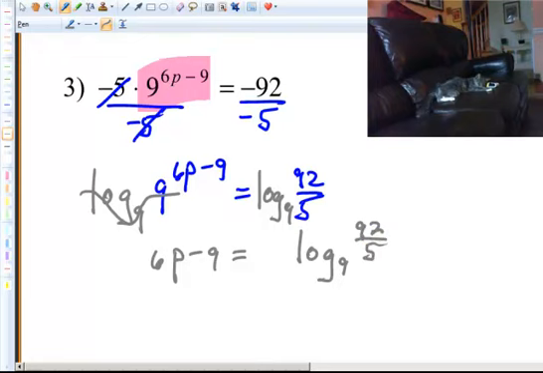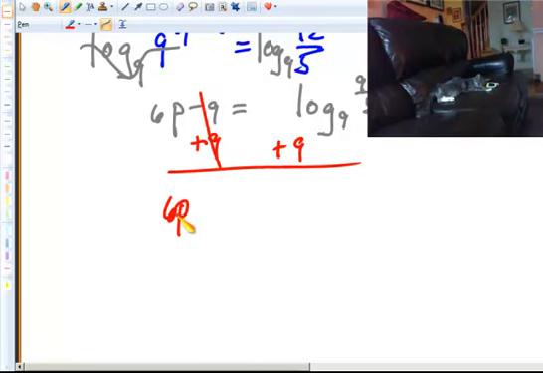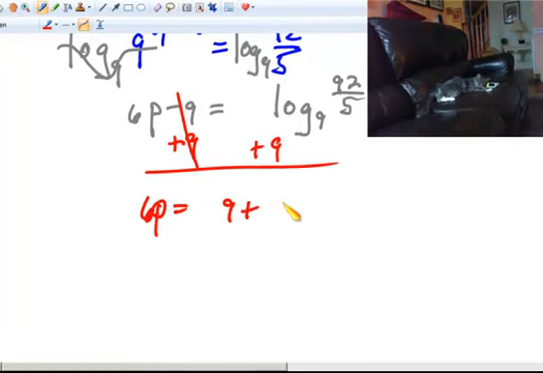And now I just need to solve that equation for p. So I do that by first adding 9. So I get 6p equals 9 plus log base 9 of 92 over 5. And then lastly, I'm going to divide by 6.